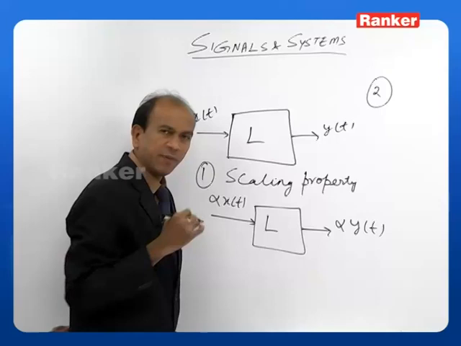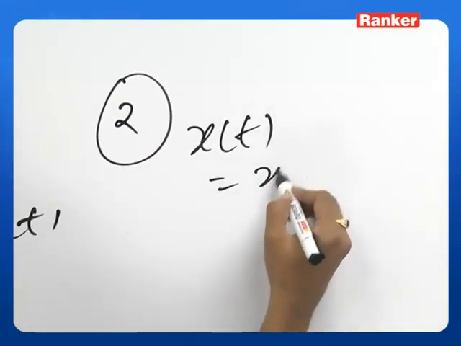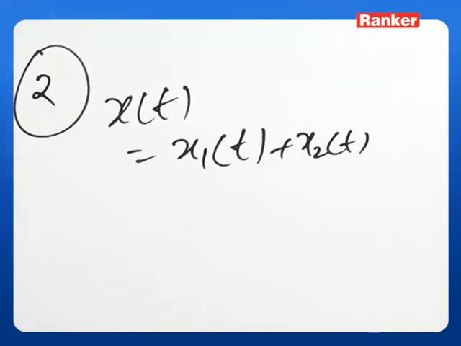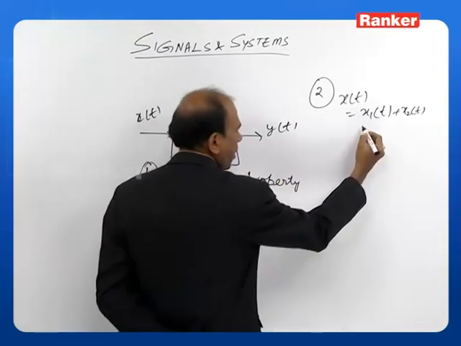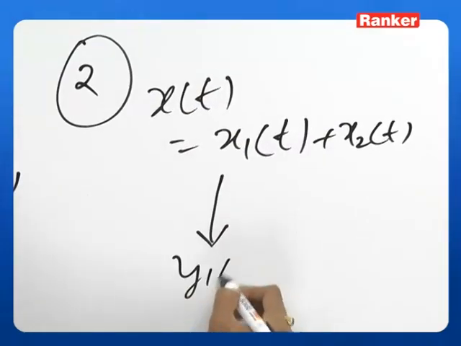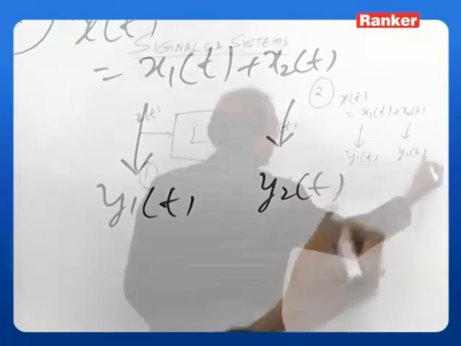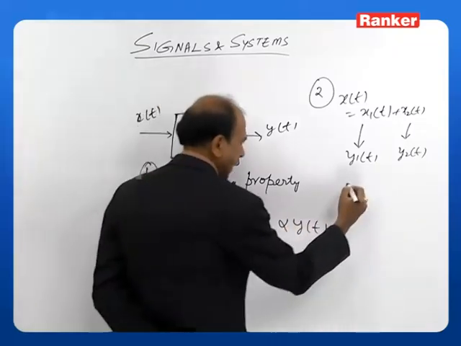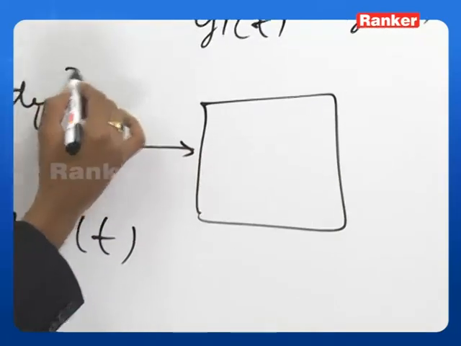Now what we will do here is, let us take the input as a summation of x1 of t plus x2 of t. For x1 of t, obviously the output is y1 of t, and the output for x2 of t is y2 of t. Now when I pass this to a system, let us say I take a system like this, and I pass this x of t.